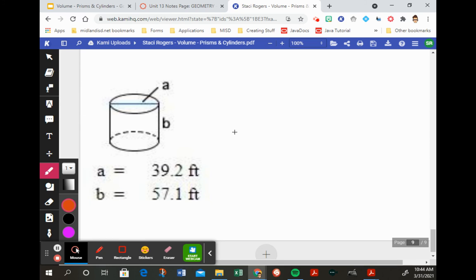Let's look at this one. So my formula says, big B says I need pi r squared. I have a what right here? A is a diameter. So I need to take and cut A in half. So 39.2 divided by 2 is 19.6.